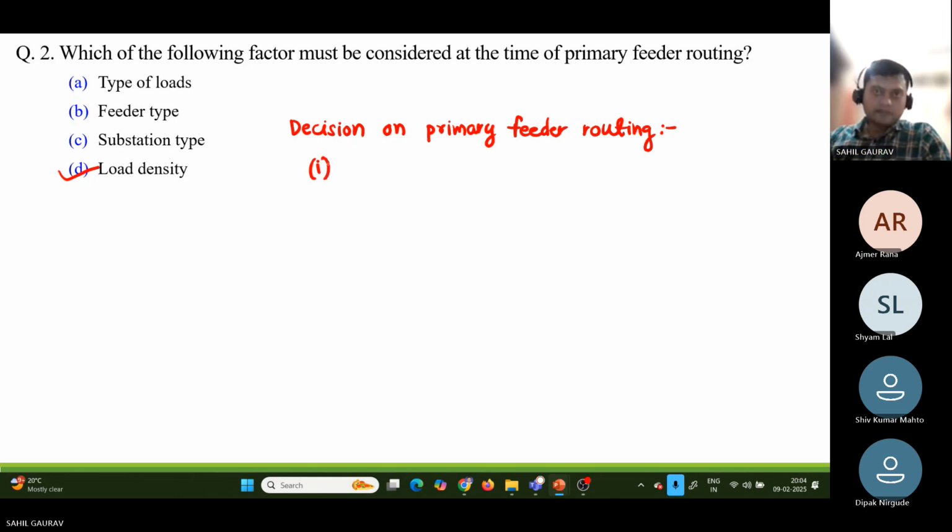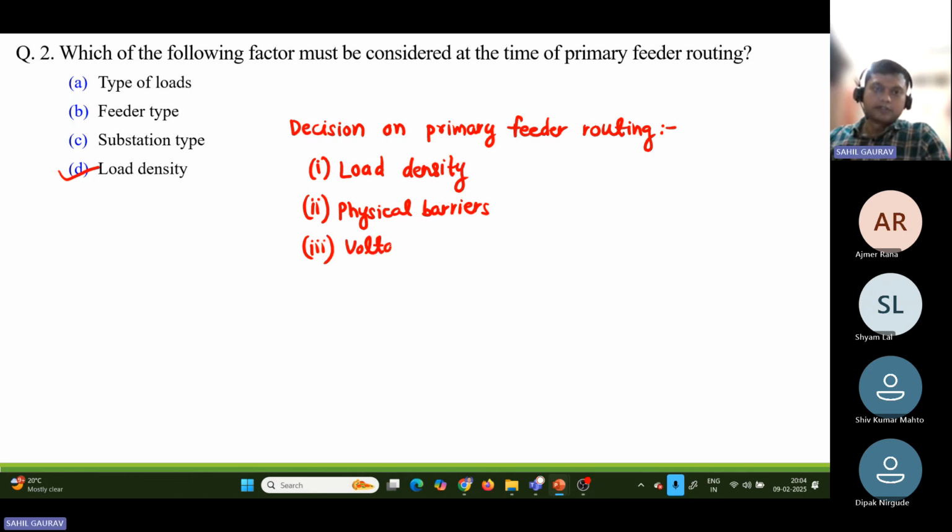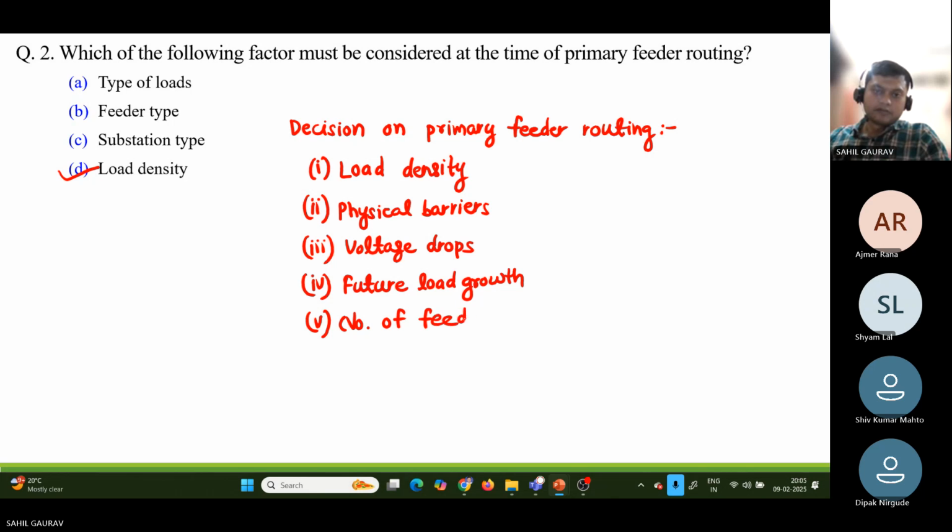First one is load density, and then physical barriers, and voltage drops, then future load growth, then number of feeders, and then total cost.